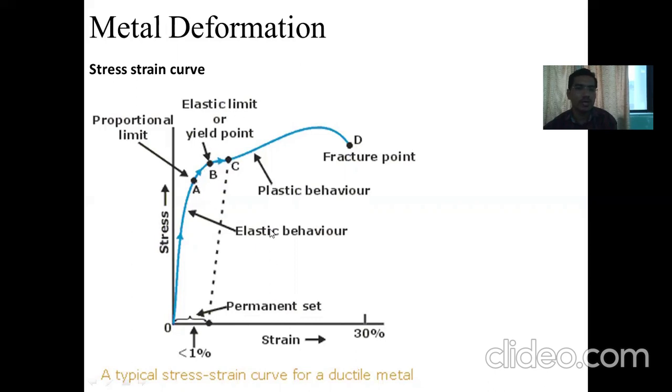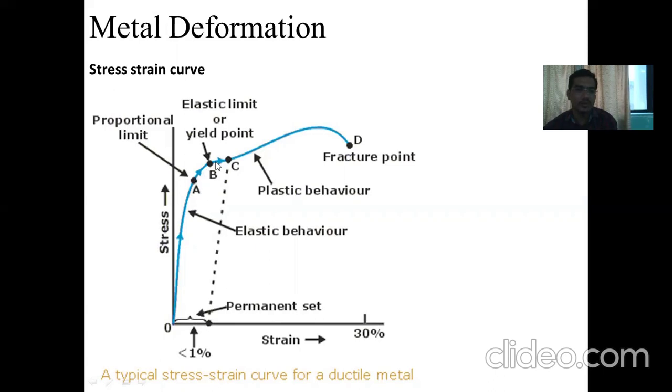Over the elastic limit there is a yield region, which we can consider between A and C. In that region we observe a very small amount of deformation or strain, about 1%. That stress is called the proof stress value, where permanent deformation can be observed.